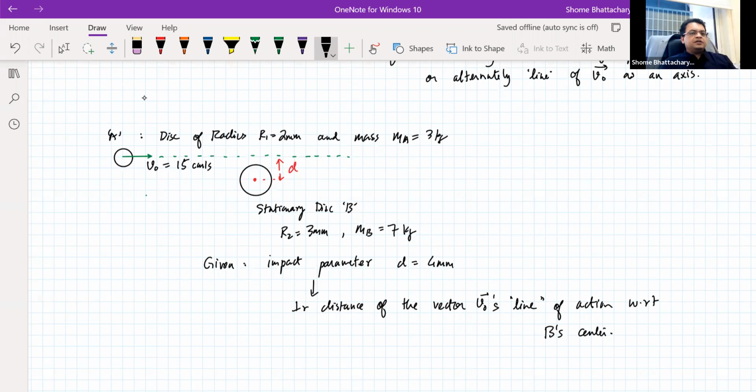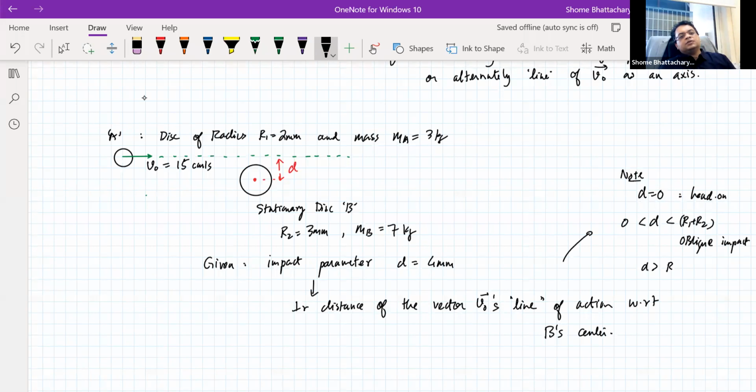Okay, had that impact parameter being 0, if D is equal to 0, then it's a head-on impact. If D is greater than 0, but less than R1 plus R2, that constitutes an oblique impact. And obviously, if D is greater than R1 plus R2 itself, then there is no impact.